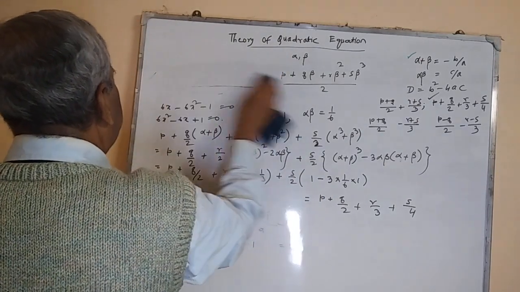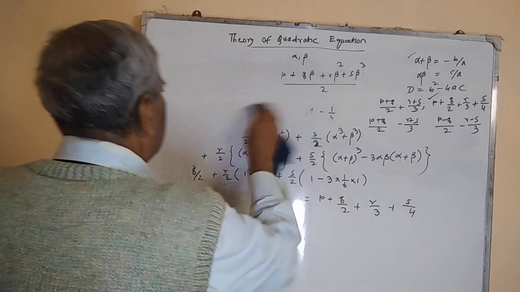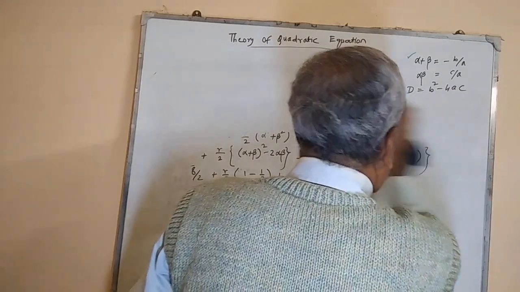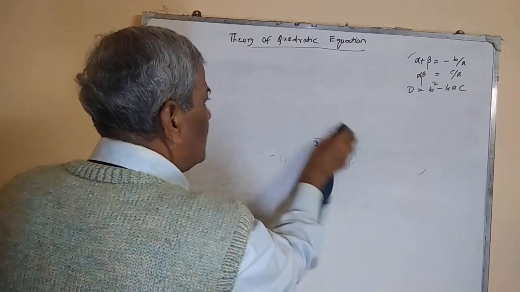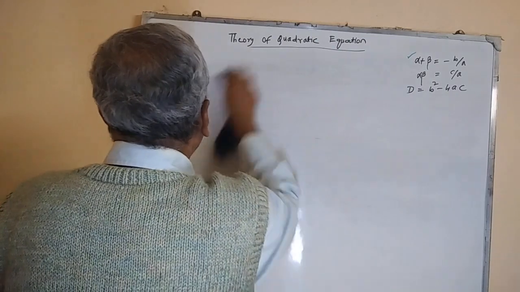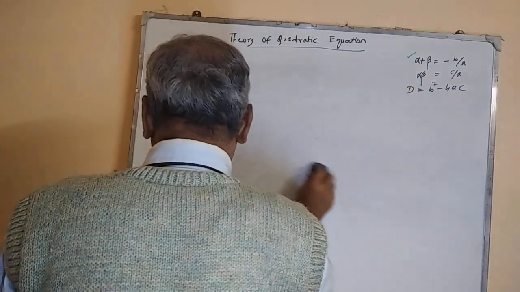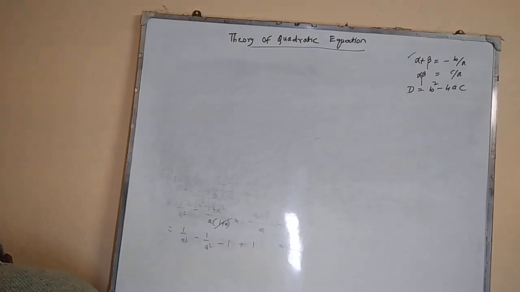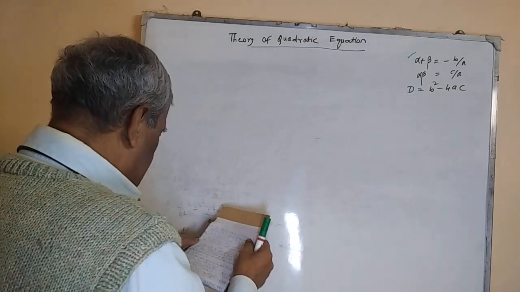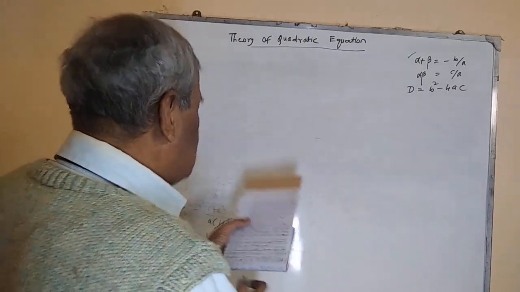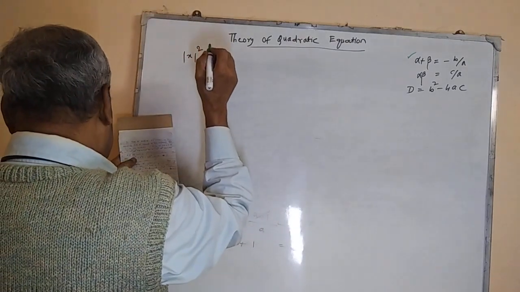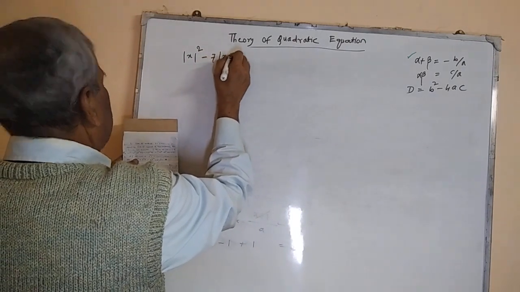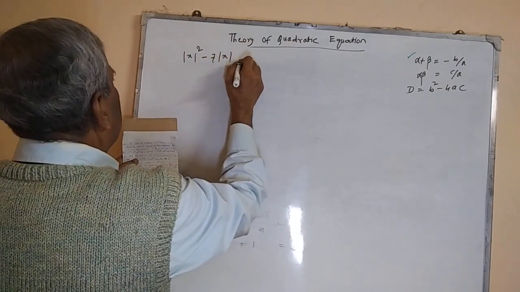Next problem. Next problem is the number of distinct solutions of mod x square minus 7 into mod x plus 12 is equal to 0.